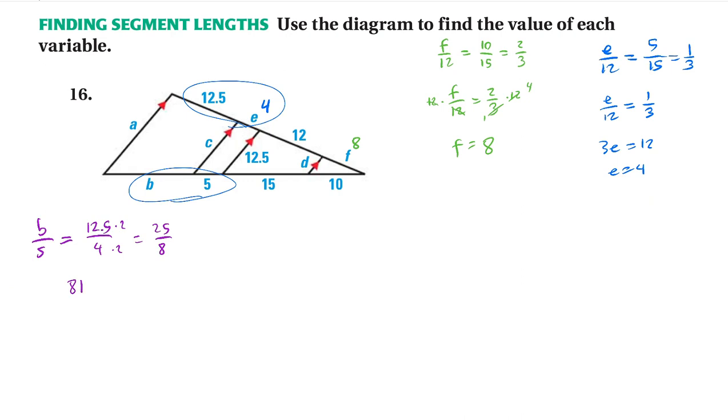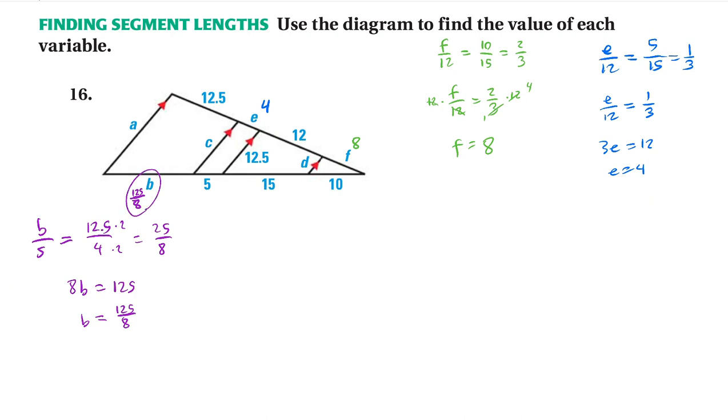We get 8b equals 125. So b equals 125 eighths. Great. Who cares? We're just going to put that in there. So b is 125 eighths, which you could figure out as 15 point something. Oh, well. So we got 125 eighths for that one.